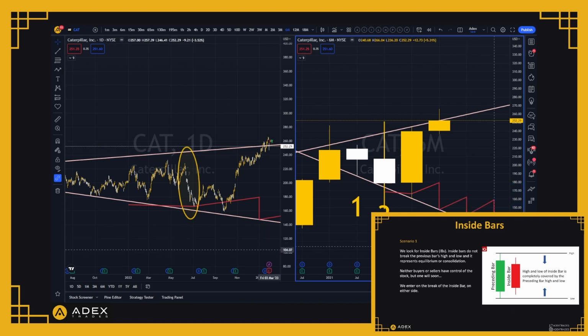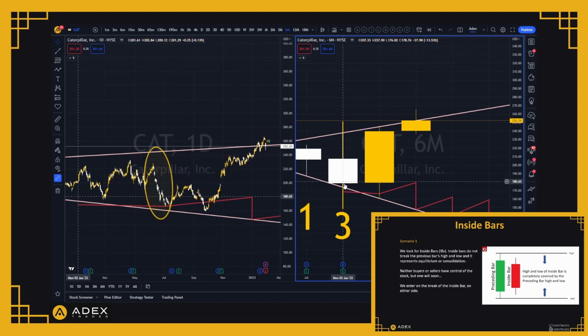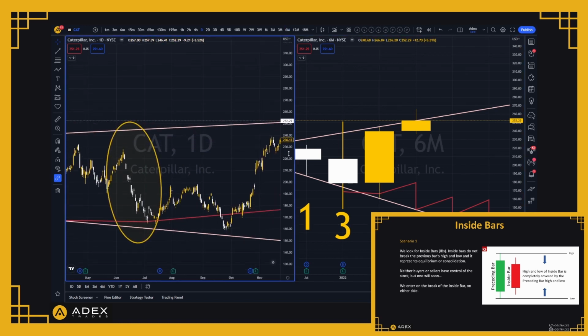The possible areas where price can go before reversing back to the upside. Once this 3 was created, that tells you a broadening formation exists. And then about 4 months later, you see how price came back to retest the broadening formation before eventually reversing back up.